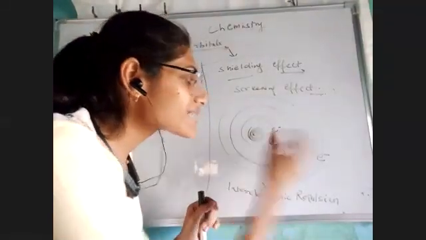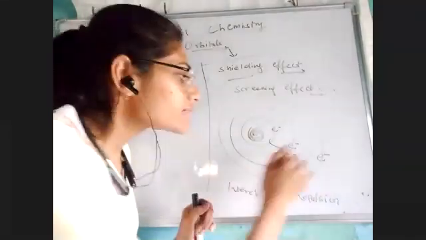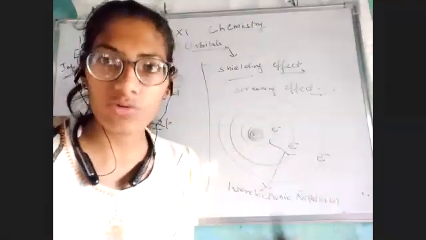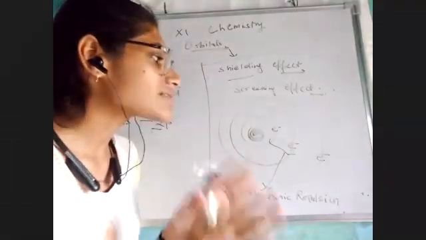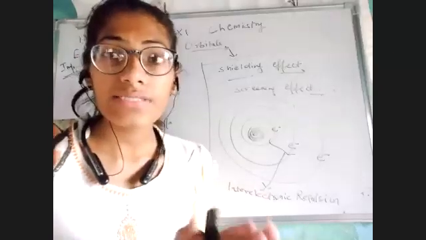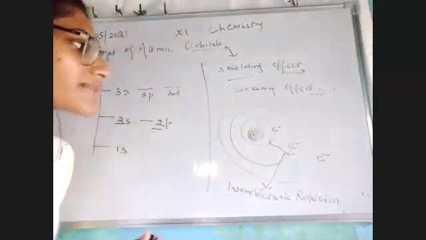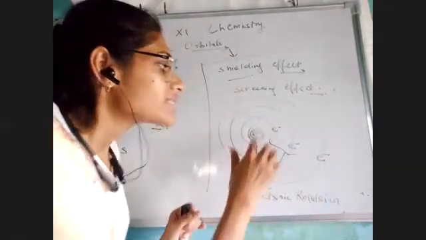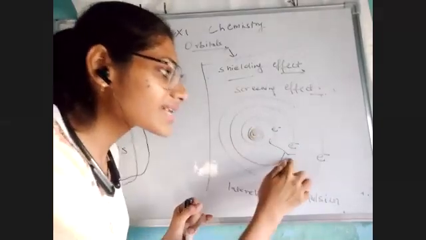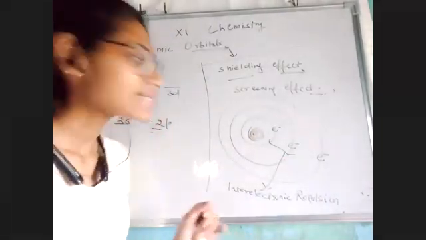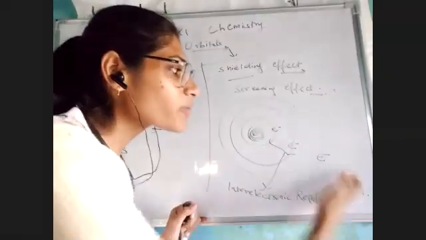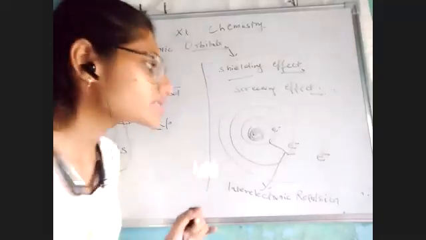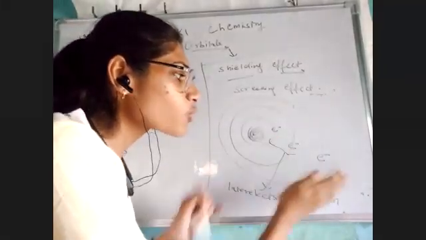Whenever this nucleus starts attracting this electron, the other electrons which are in the higher level or in the next atomic orbital, there is a kind of screening effect. There is a kind of shielding effect. That means the energy that this nucleus applies on this electron, it will not be able to attract this electron with that same energy. Same as it is, if I talk about a higher atomic orbital, the nucleus will not be able to attract that electron either. The reason is we have different electrons between them.